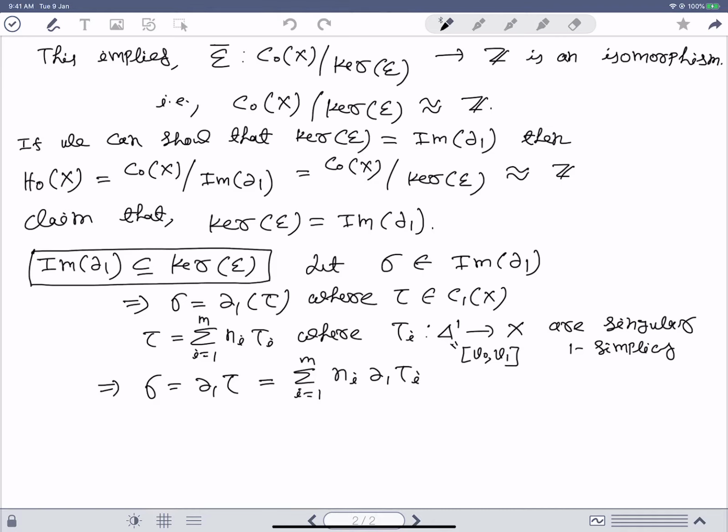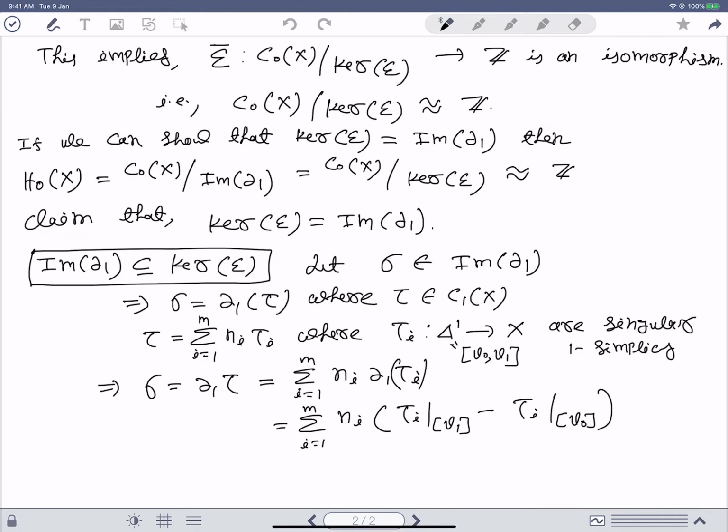To define the map we need some vertices, so let the vertices be v0, v1, then that will be summation i equal to 1 to m n_i tau_i restricted over v1 minus tau_i restricted over v0.